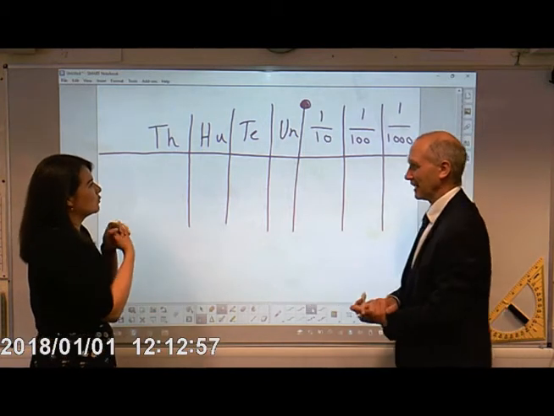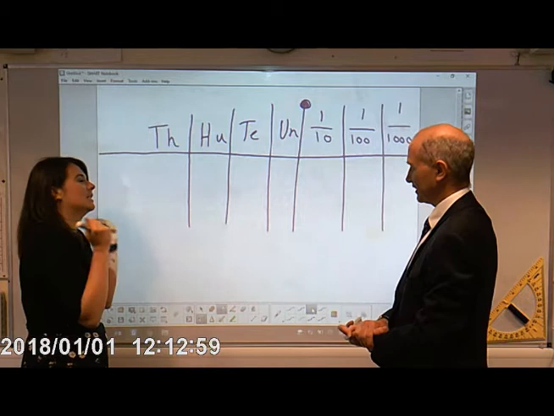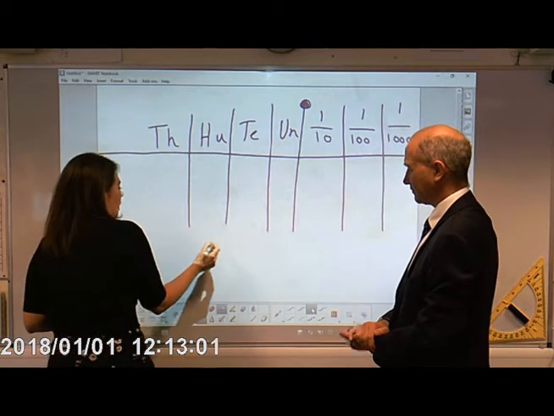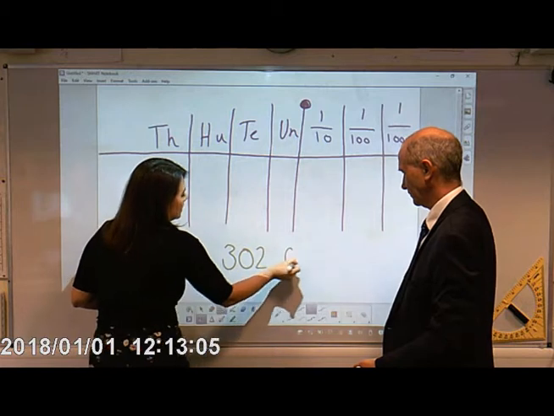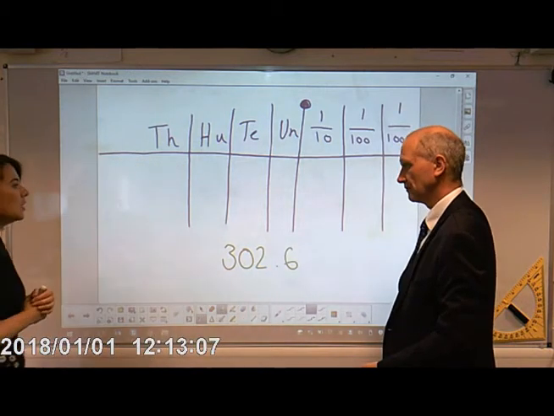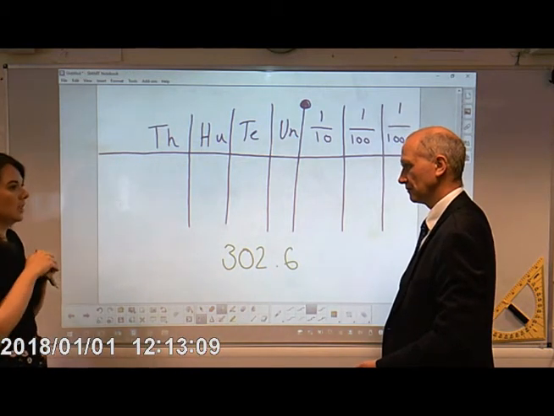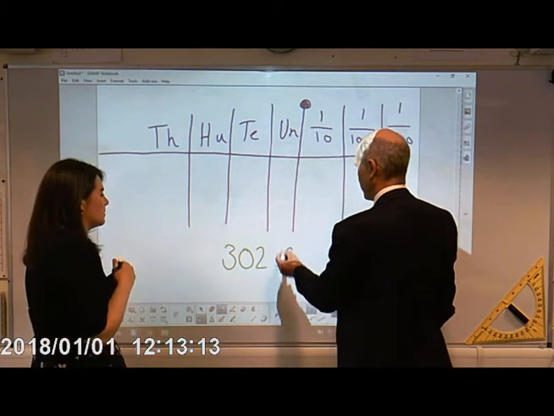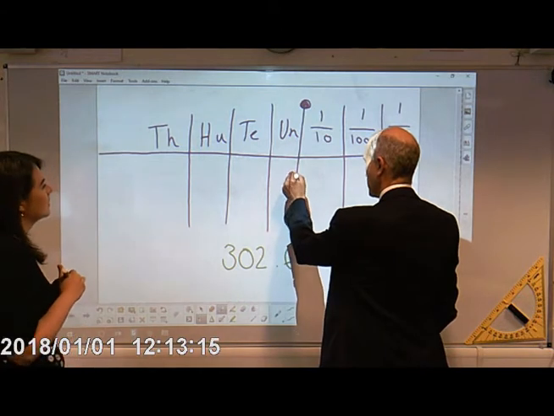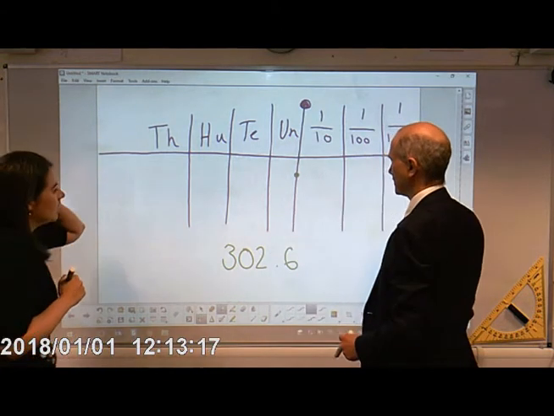Okay, so you must have drawn that table. Excellent. Give me a number, Miss Cheeseman. I'm going to give you the number 302.6. The best place to start is your decimal point. Make sure that you've got that in place.